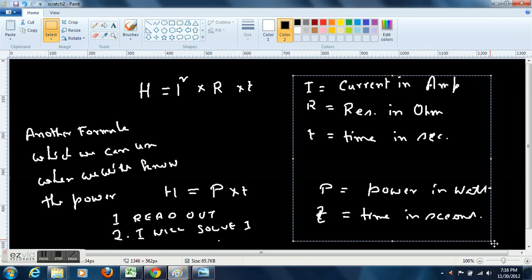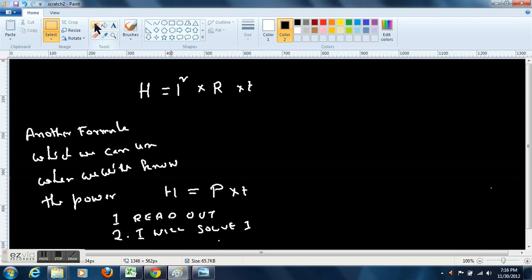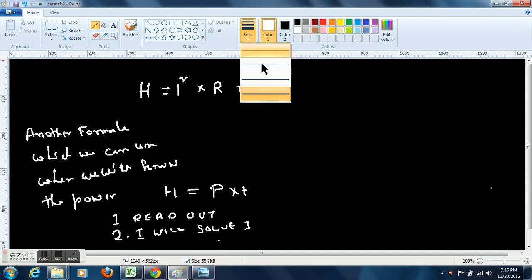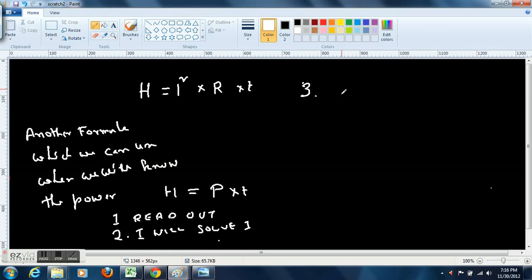That means out of these 3 numerical problems, I will expect you to solve the last 2, and I will be discussing the solutions of those problems in the next tutorial.